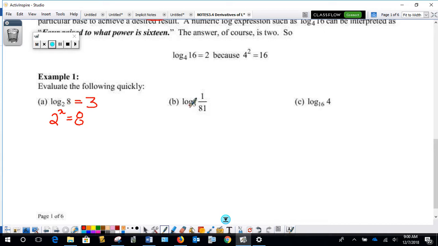What exponent do I put on 3 to get 1 over 81? Negative 4, right? So you need a negative to make the fraction flip. And then what exponent do I put on 16 to get 4? 1/2. If you have to go from a big base to a smaller number, you have to do a root of some sort.